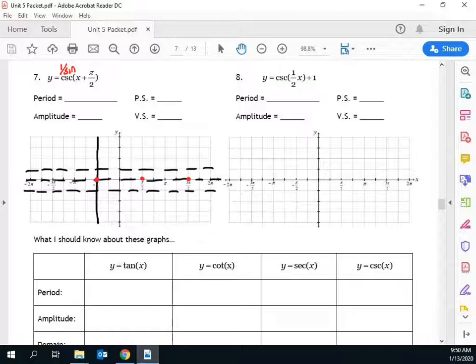And of course, as we talked about, since there's no negative in front, it hits its max first, then it hits its min. And so you end up with something like that. Vertical asymptotes next, right? Through the middles. And then you flip them out.